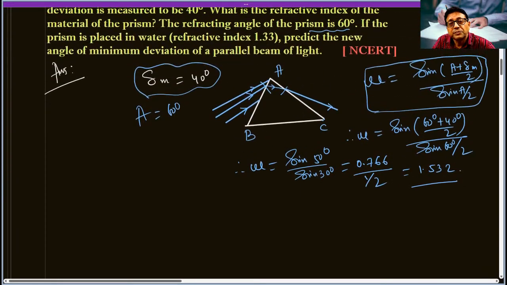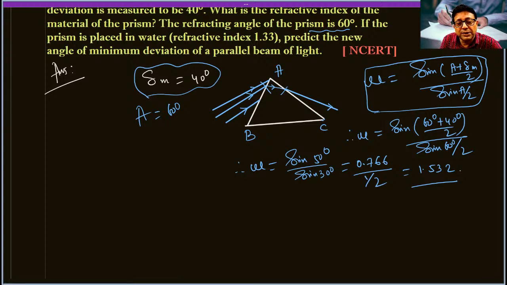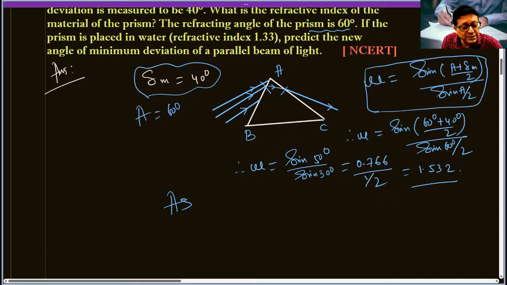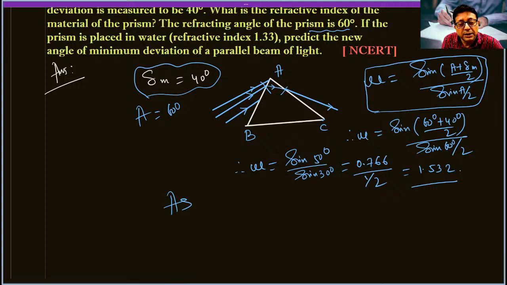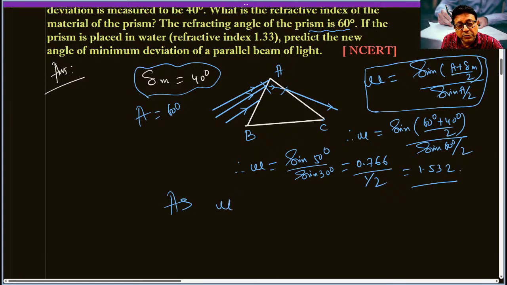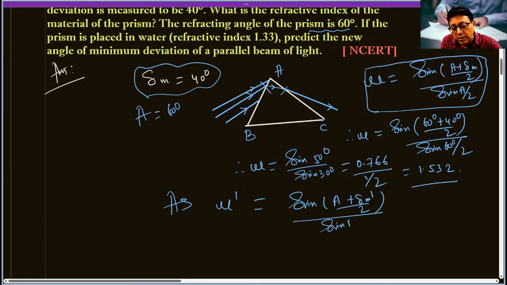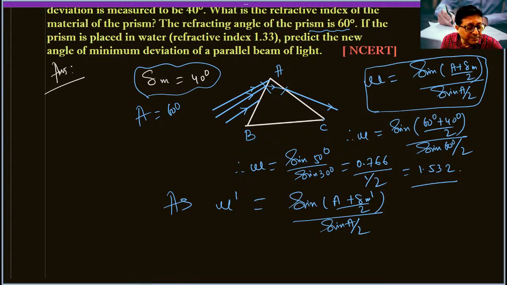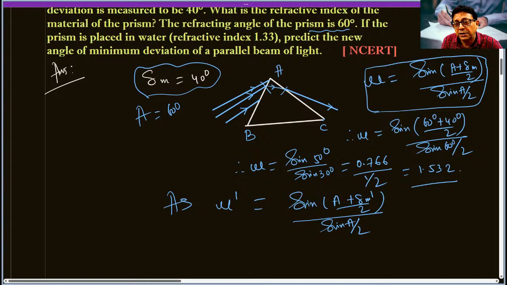Why? Because the value of mu is changing, no? And that we have to calculate. mu dash equal to sin (A plus delta m dash) by 2 over sin A by 2, so mu dash is changed.